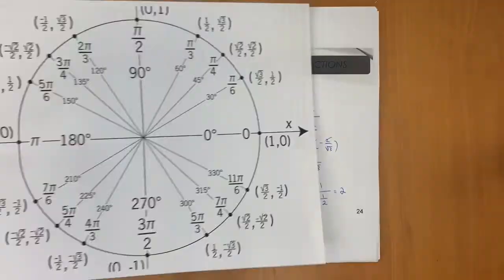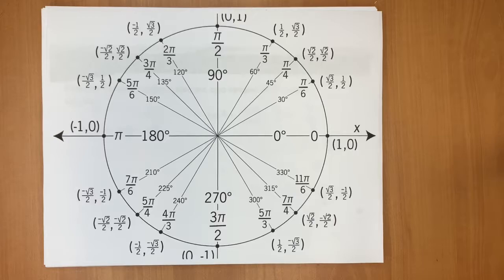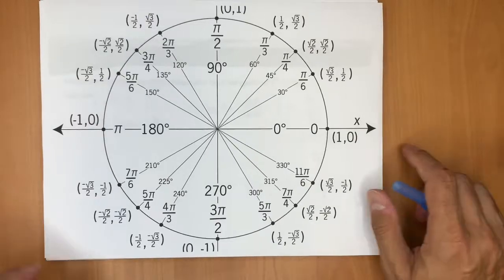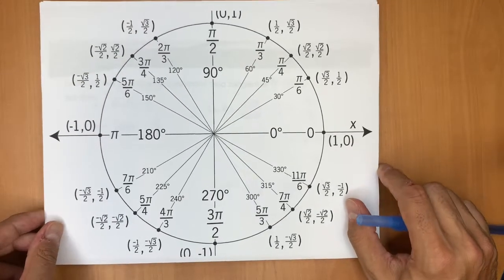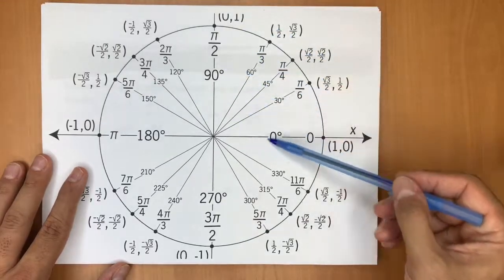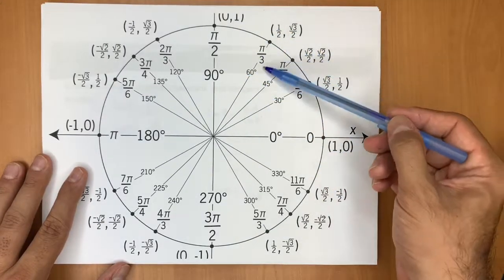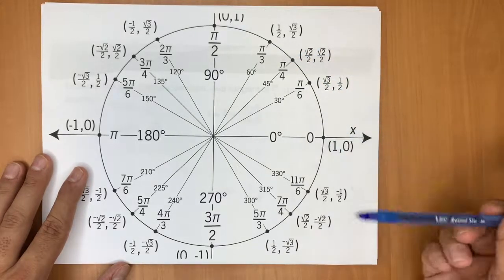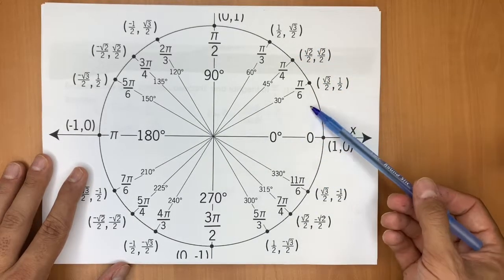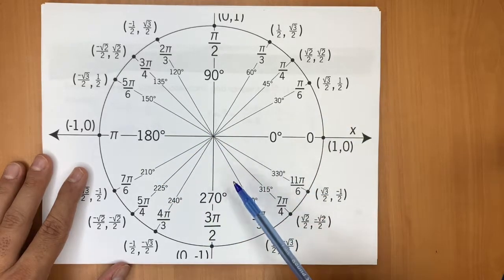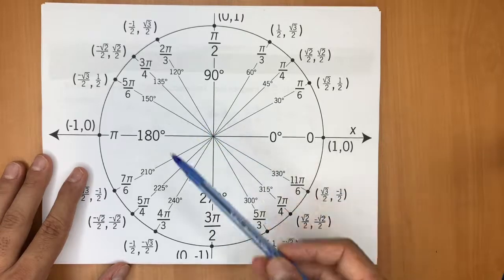If you don't recall the unit circle, or if you do not have this kind of card available with you, then I would recommend you memorize these points and the corresponding angles in the first quadrant. Then if another angle in another quadrant is provided, check if you can find a reference angle.